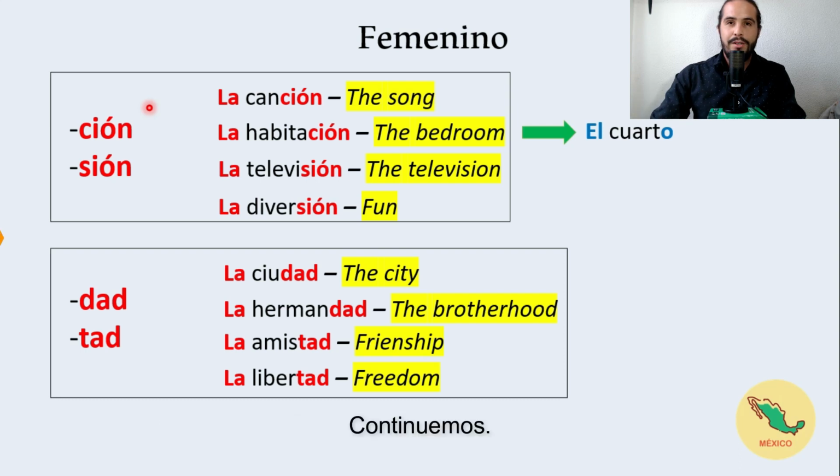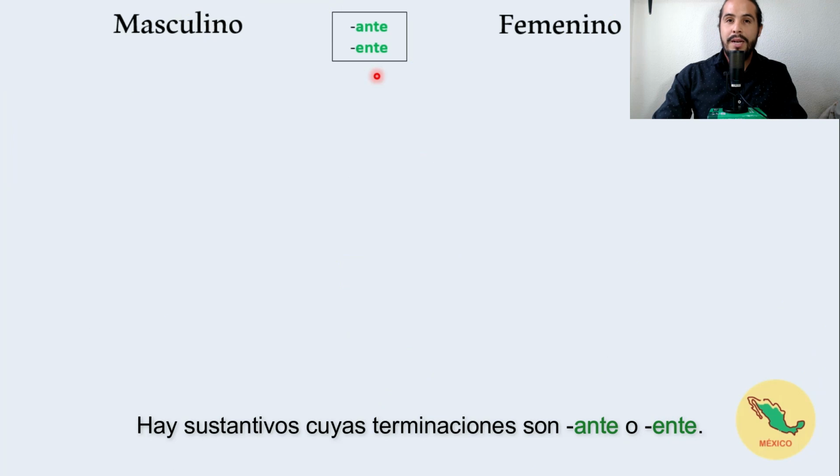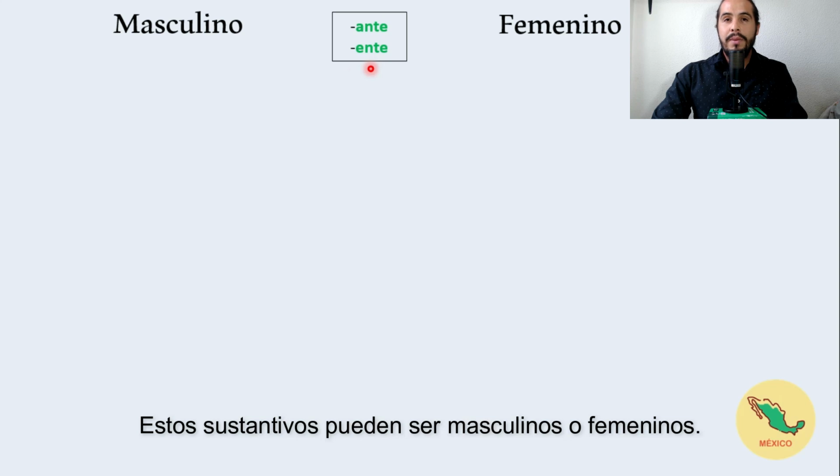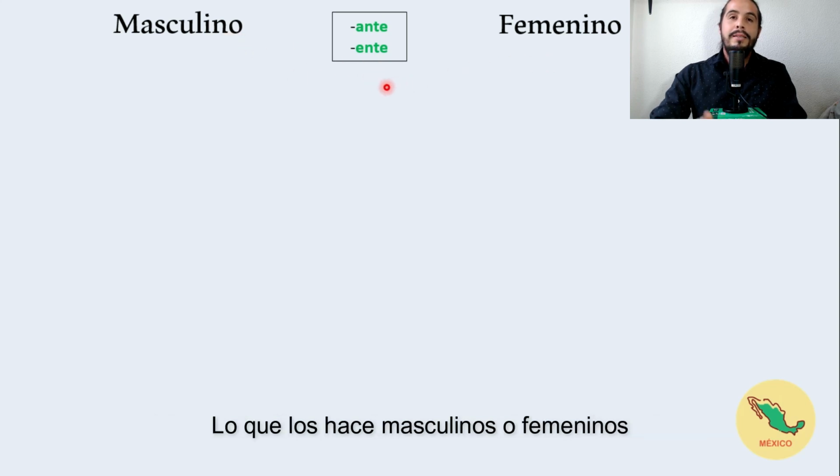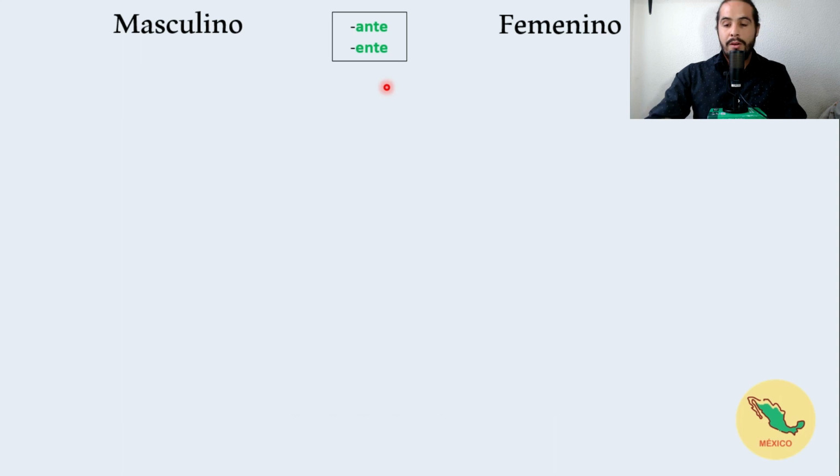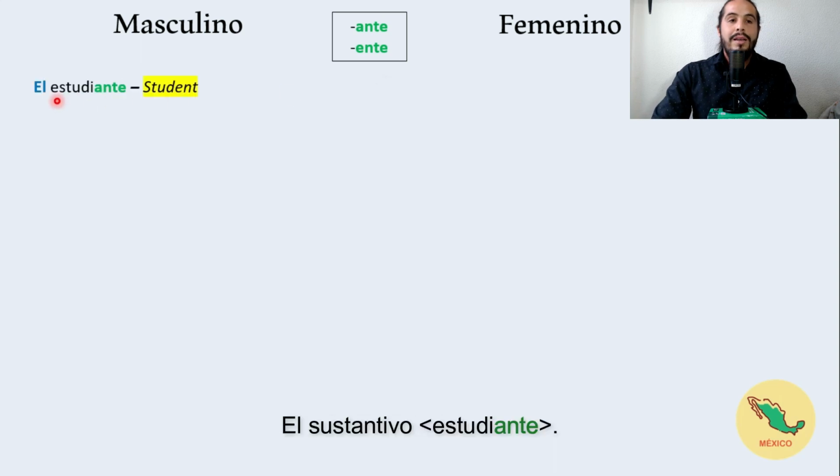So let's continue. There are some nouns whose endings are -ante or -ente. These nouns can be either masculine or feminine. What makes these nouns masculine or feminine is the definite article you are using. For example, you have the noun estudiante.